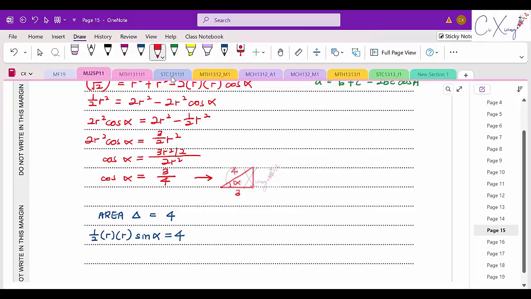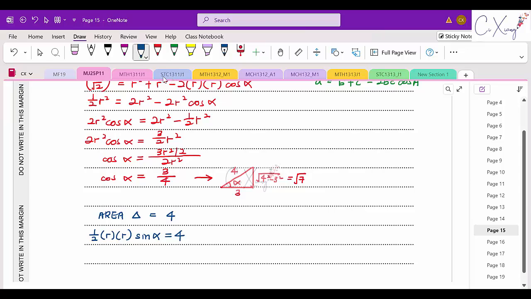So what happens to the opposite length here? You take 4 squared minus 3 squared, then take the square root, and you will get square root 7. This is the triangle I can get from the result of cos alpha.